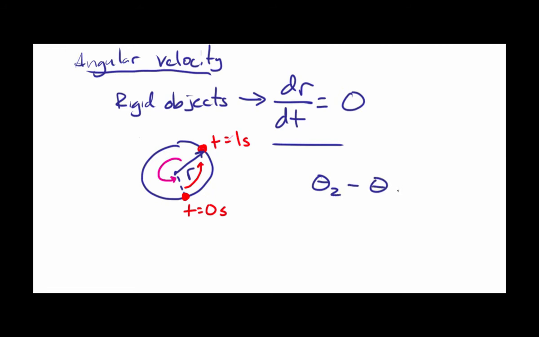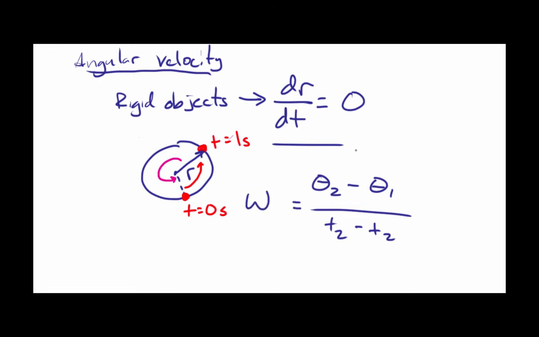So if I subtract theta 2 minus theta 1, where we're defining theta from some coordinate system, which I haven't shown here, and I take the difference between my angular positions divided by the change in time, I get something called the angular velocity.